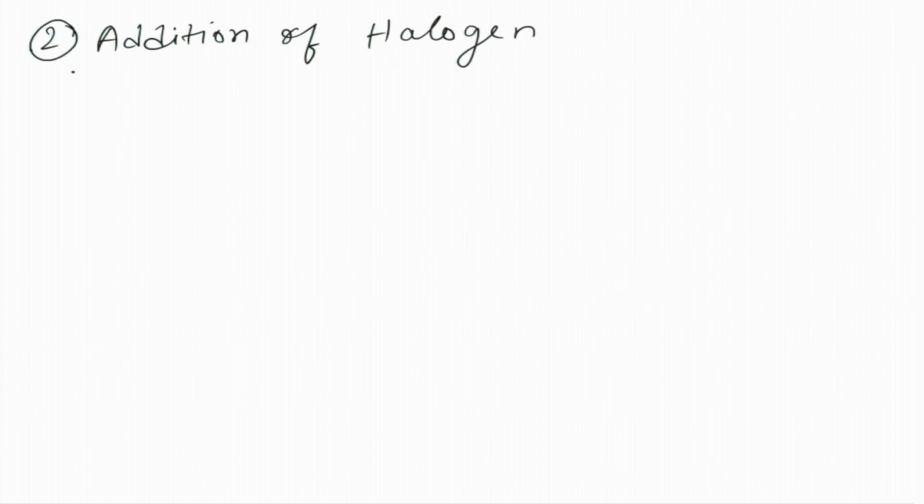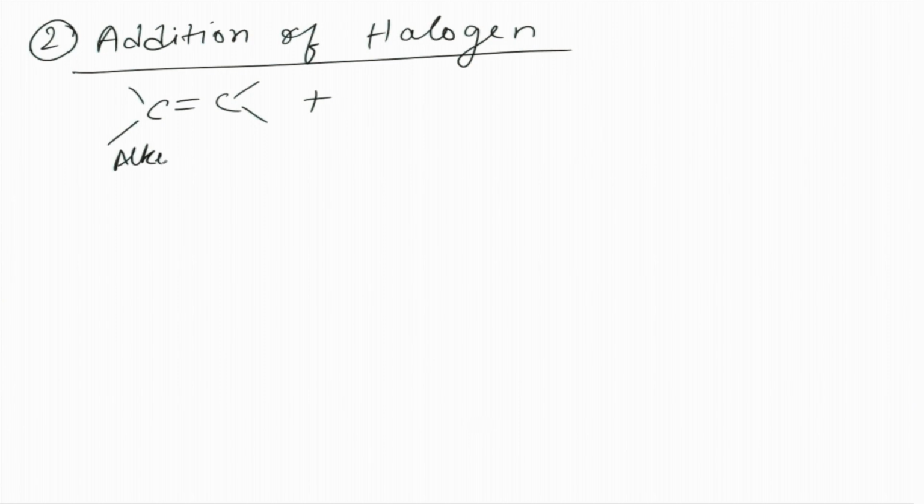So, the next is addition of halogen. So, when alkenes undergo addition with halogens, they form vicinal dihalides.